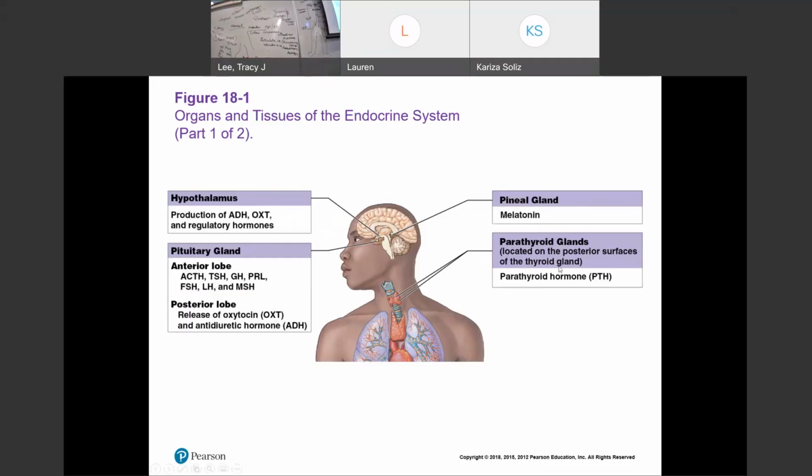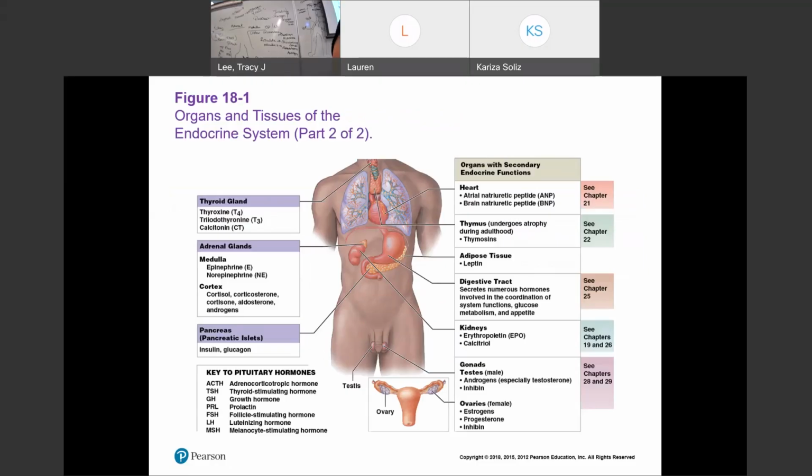Pineal gland is melatonin, parathyroid is parathyroid hormone, thyroid's my T3s, T4s, calcitonin. The medulla of my adrenal gland is my epinephrine, norepinephrine. My cortex is my mineralocorticoids, which is like my aldosterone, my glucocorticoids, which is like cortisol, cortisone, some of these guys.